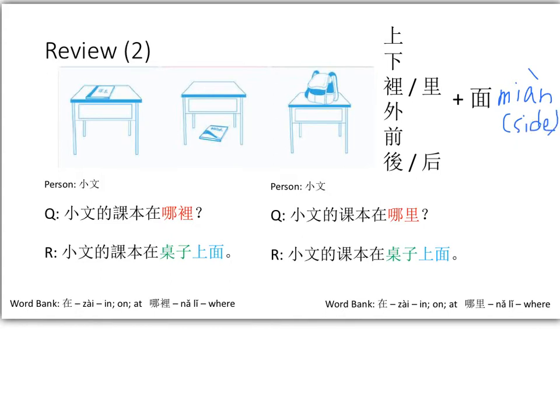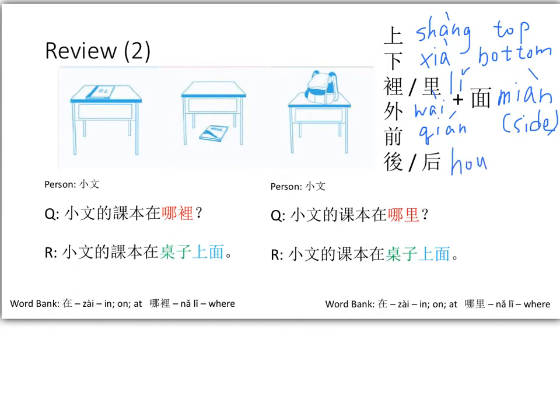So top would be 上面 top. 下面 bottom. 里面 inside. 外面 outside. 前面 in front of. 后面 behind.